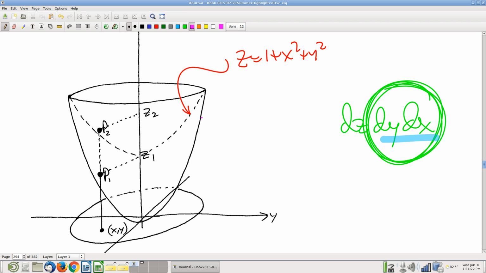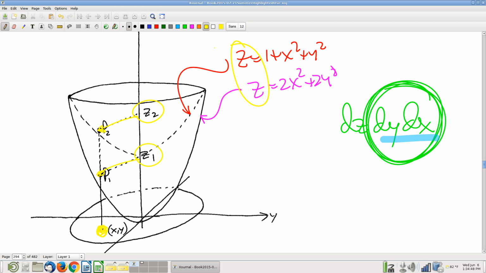This surface was z equals 2x squared plus 2y squared. If I want to know where these intersect, that means I'm looking for values of x and y where the one z value and the other z value are equal to each other.